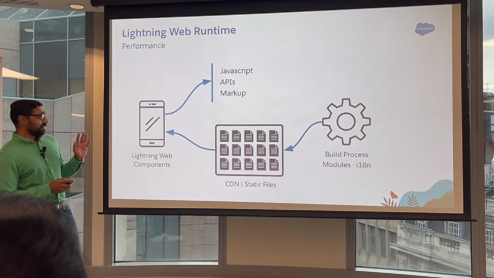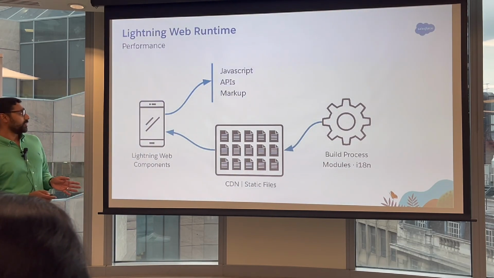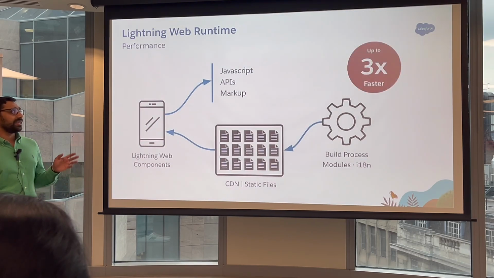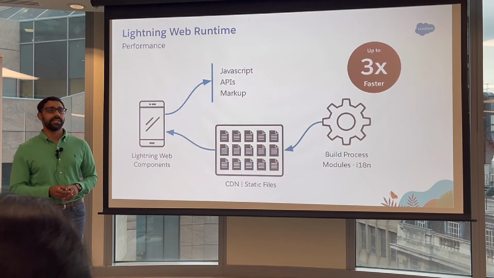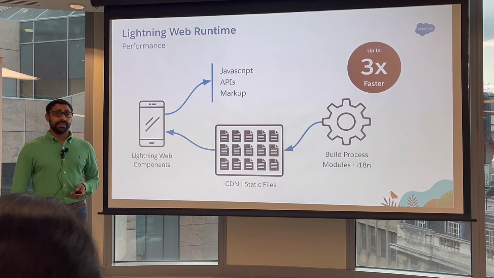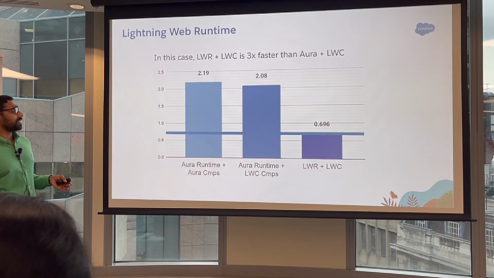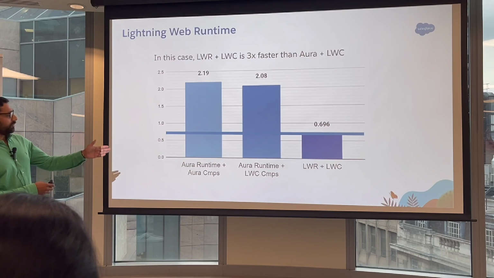Okay, all of these things together have a very positive impact on performance. Like I said, it's up to 3 times faster than its predecessors in the Aura framework, and that is a significant improvement. I do have some benchmark stats here, in three buckets.